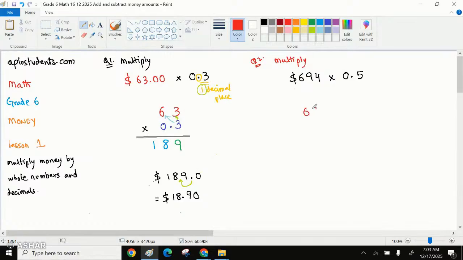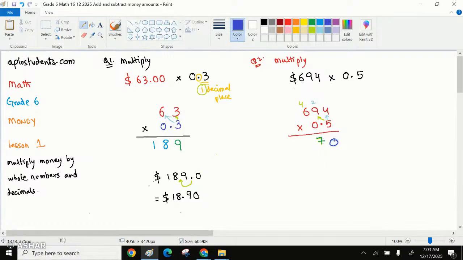When 694 is multiplied by 0.5, we do the simple multiplication as a regular number. 4 times 5 is 20. We put a 0 over here. We carry the 2. 5 times 9 is 45, and we have a 2 carried over here. That means 47. We take the 2 at the top. Okay, 47.